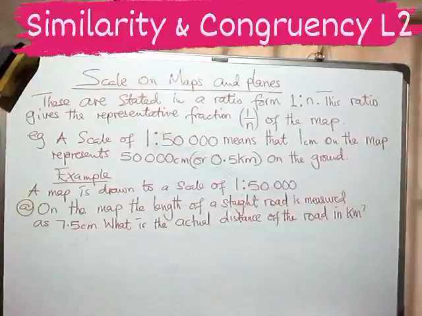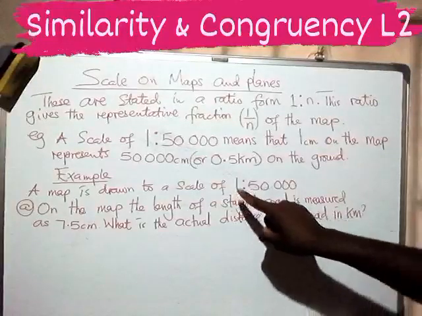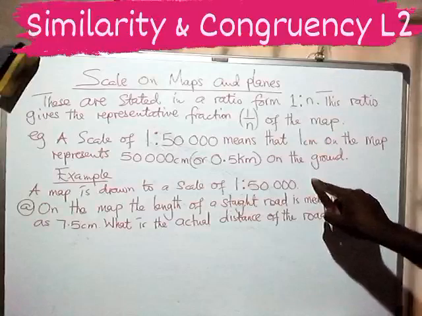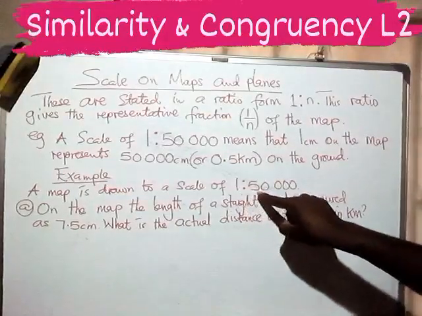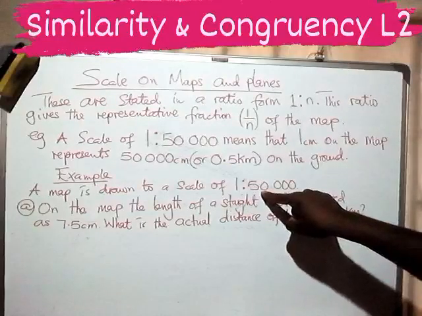Now let's look at the examples. Our example is a map drawn to a scale of 1 to 50,000. By the way, this means that 1 centimeter on the map represents 50,000 centimeters on the actual ground.